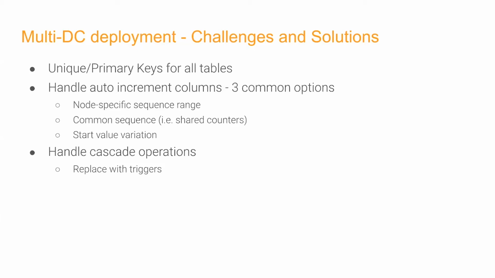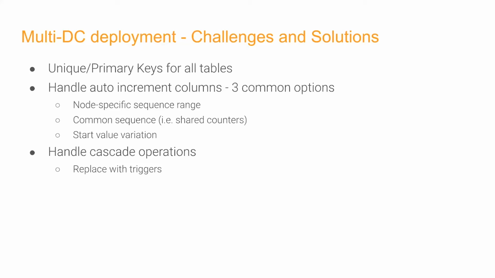So the sequence of the first node becomes 1, 4, 7, 10, etc. And the sequence for the second one becomes 2, 5, 8, 11, etc. And for the third one, it becomes 3, 6, 9, 12, likewise. So that way we can avoid conflicts.